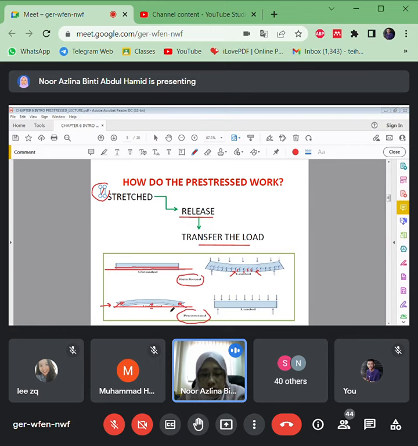from the ground level. So once we apply the loads, that will make this pre-stressed concrete go back to its original level. It becomes flat.